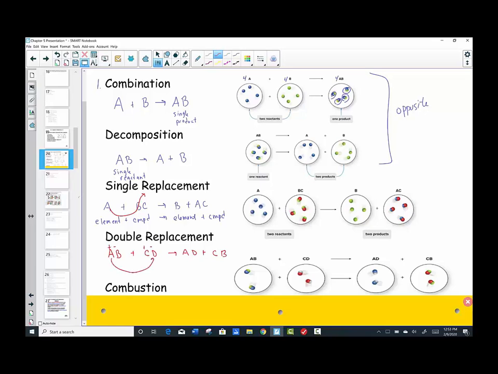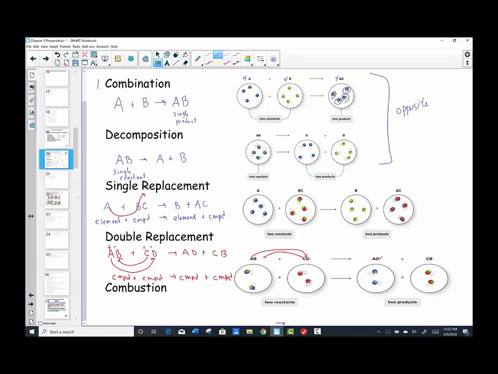So A goes to D, C goes to B. A compound reacting with a compound, forming 2 new compounds. The 2 positives exchanged partners. Compound AB reacts with compound CD, A combines with D, and C combines with B to form 2 new compounds, a double replacement.